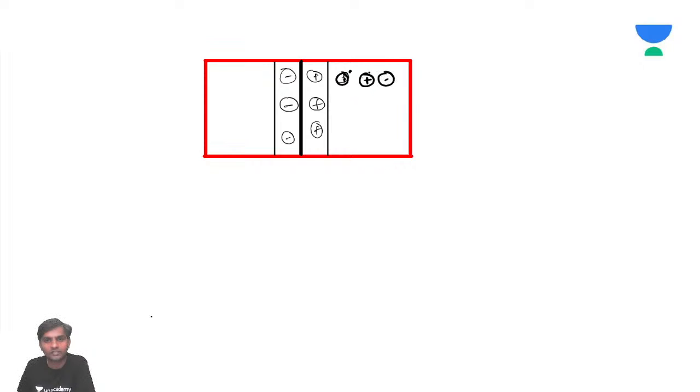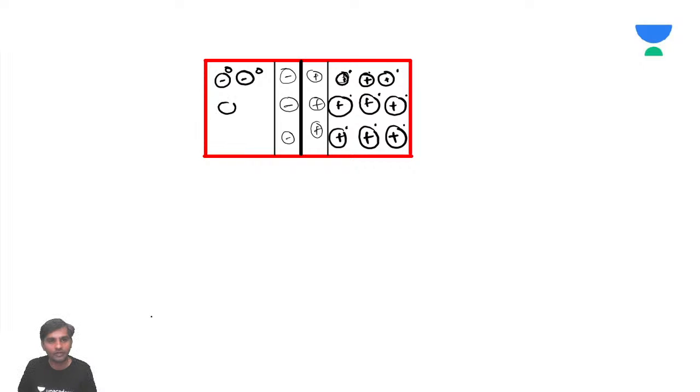I'm just trying to explain that even a drift current exists in an open circuited PN junction diode.